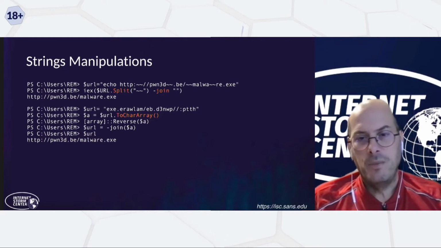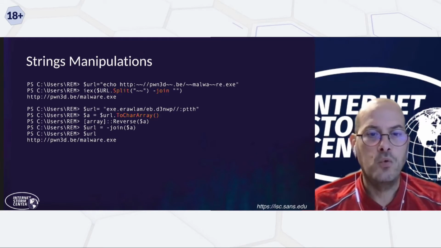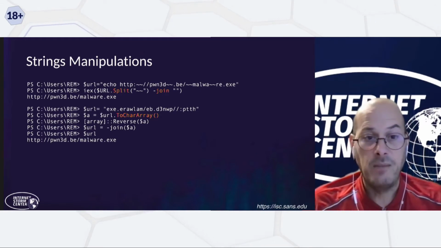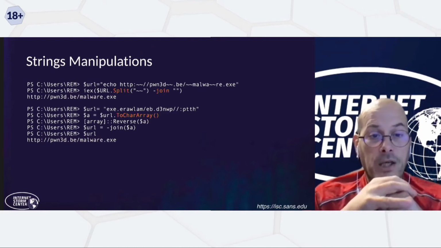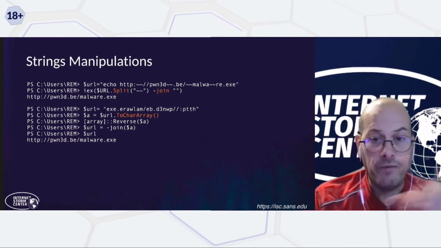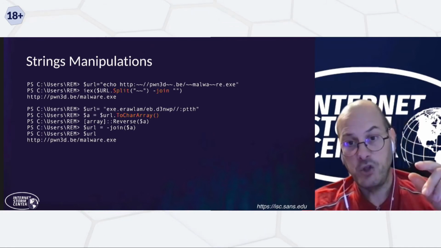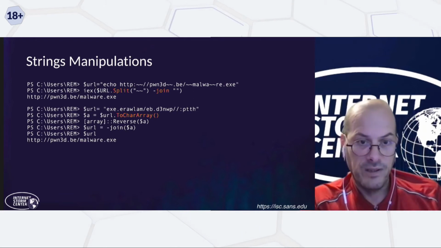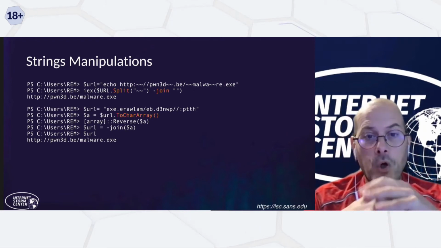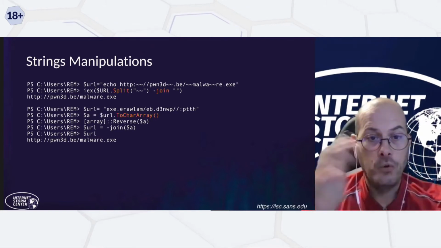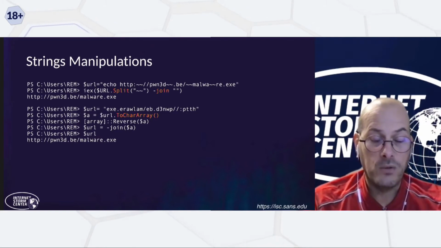Another very common technique is to write reverse strings. You see that the technique is the same. I define my $URL, which contains my URL, but you see that it's reversed. We start with HTTP at the end, so you have to read the string from right to left. How do you reverse a string in PowerShell? Very simple. You use ToCharArray.